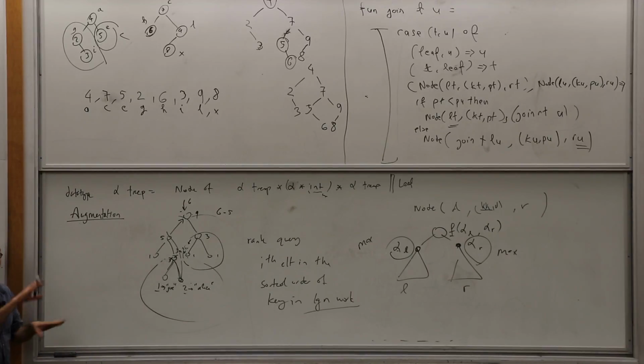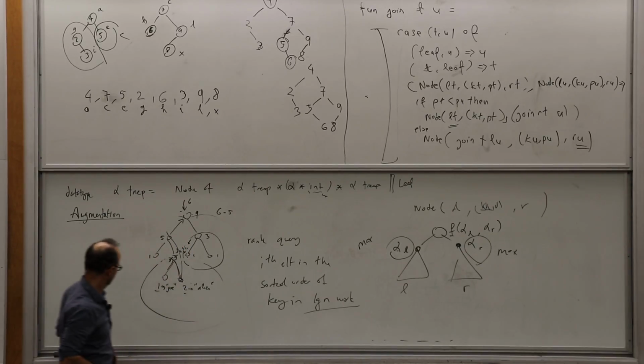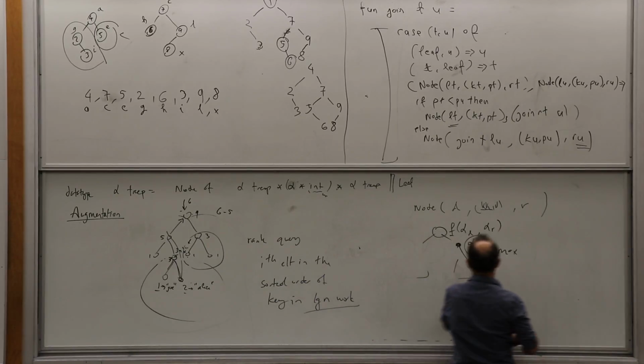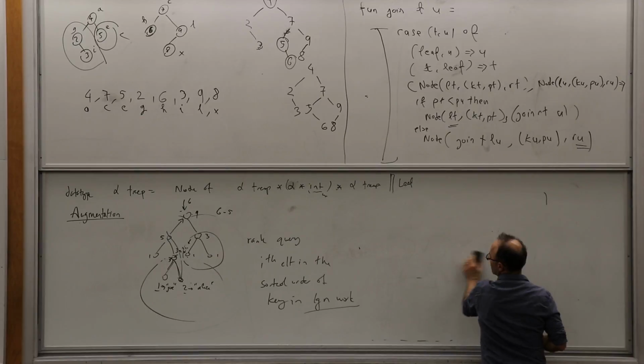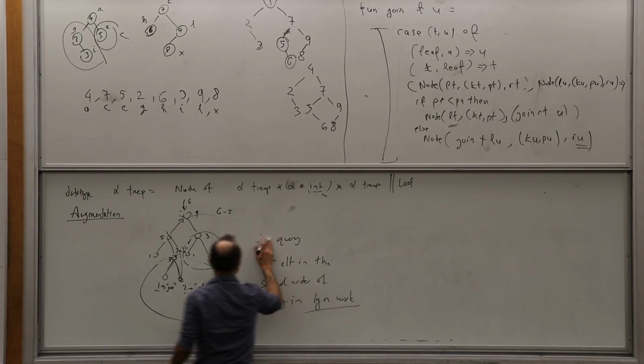Because I know how many things are in each subtree, and then whoop, I can swoop in and get the right thing. Okay? I can also find, sorry, this is actually called a select query.